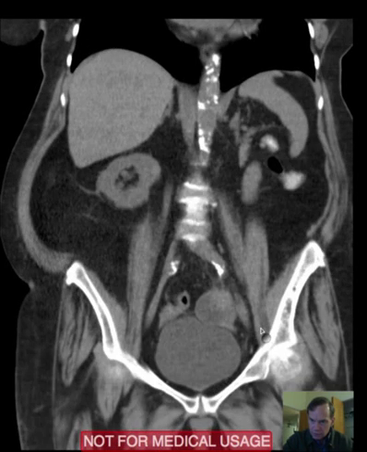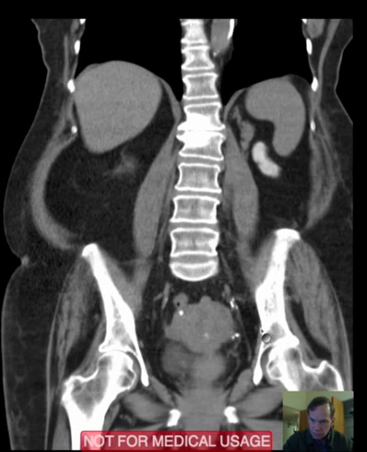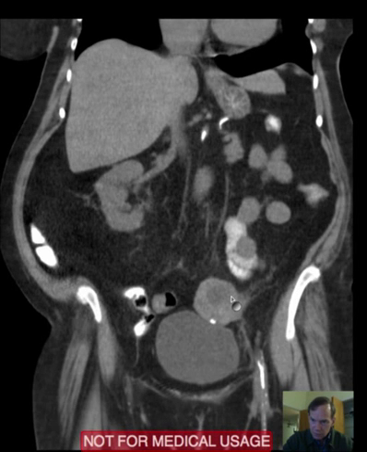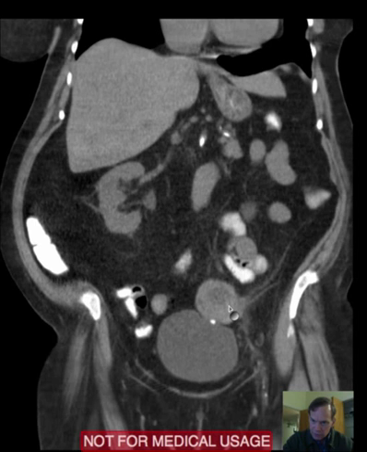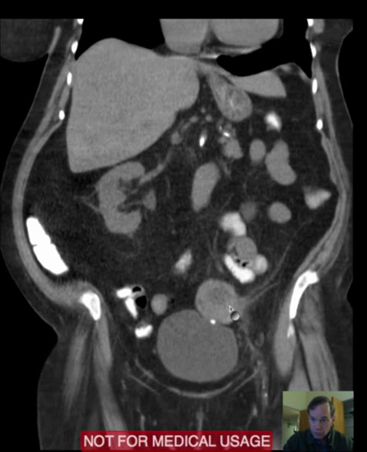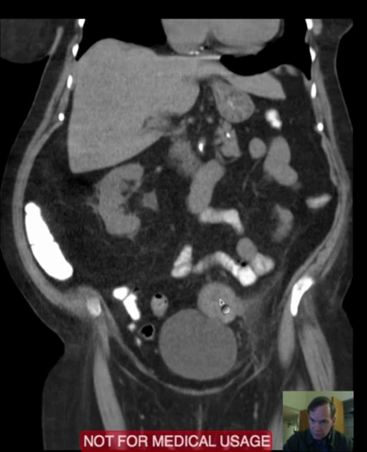And on this coronal image, you can also better appreciate that what is in the left pelvic area is an abnormally oriented and somewhat rotated kidney, I presume, and probably have some of the collecting system here.